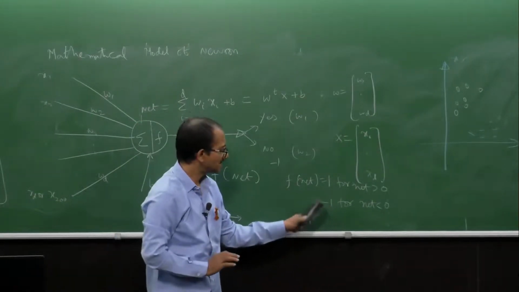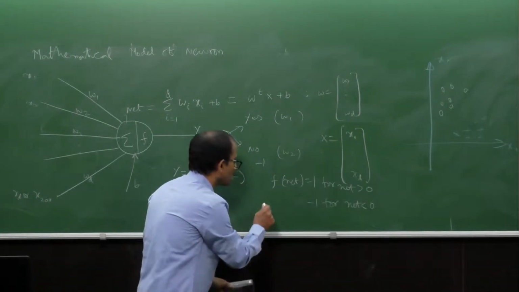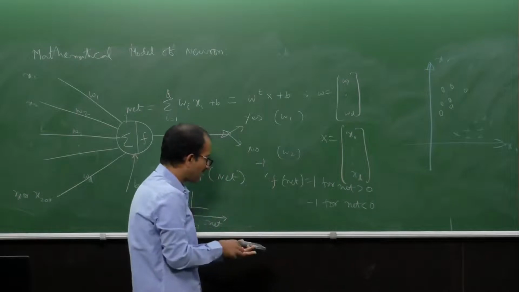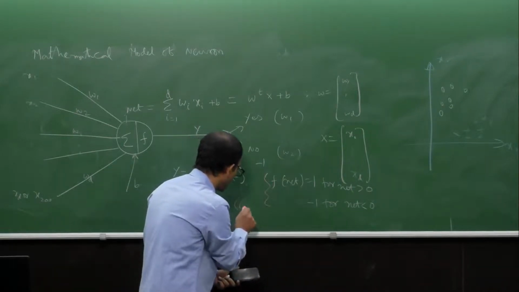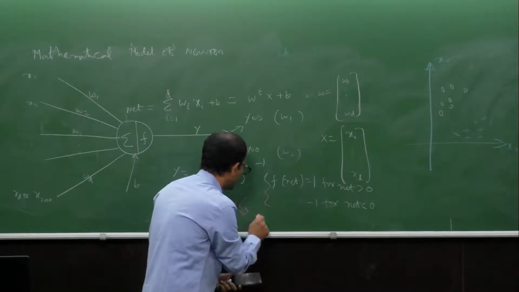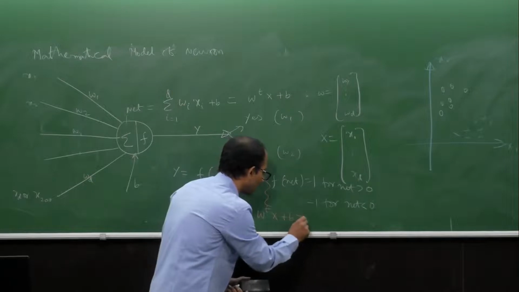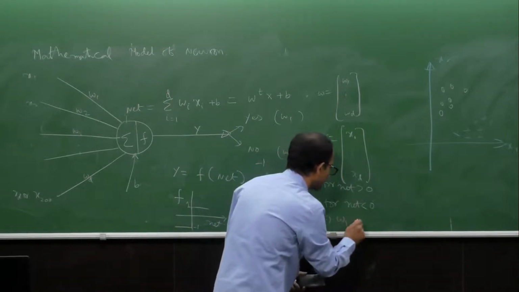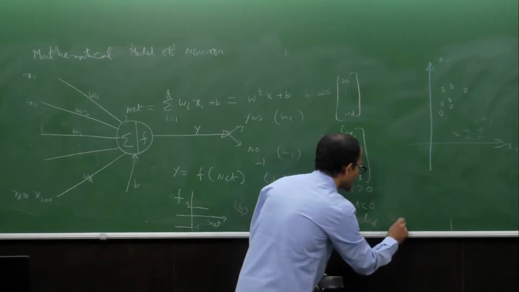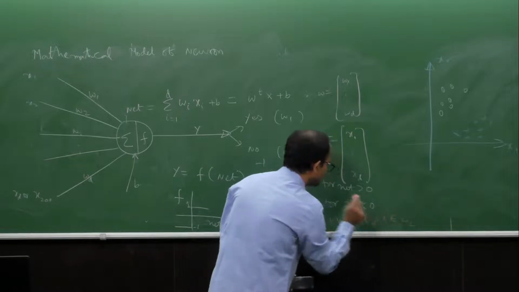So what is this essentially leading to? If I write explicitly, this is equivalent to: W transpose x plus b greater than 0 belongs to omega 1, else x belongs to omega 2.